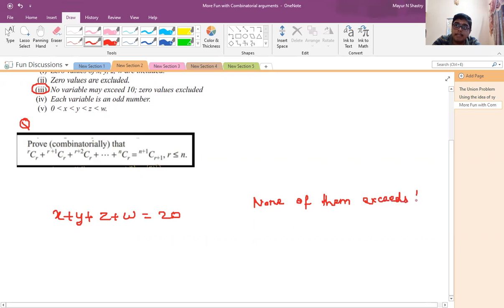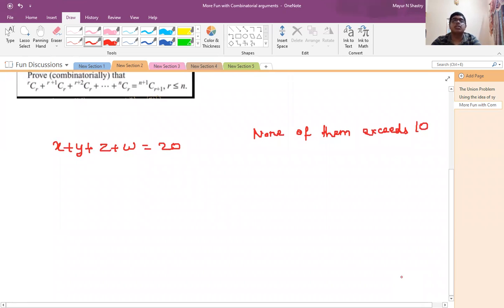Now let us see what the number of positive integral solutions is if this condition is not given at all.